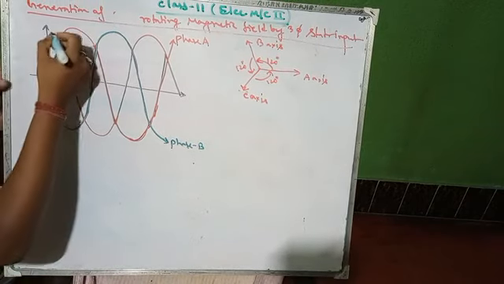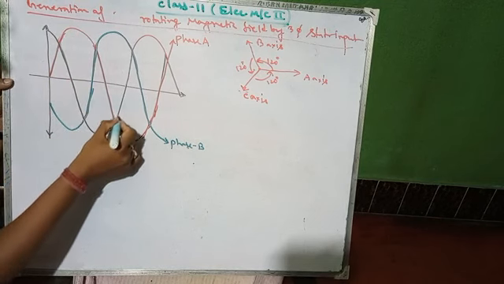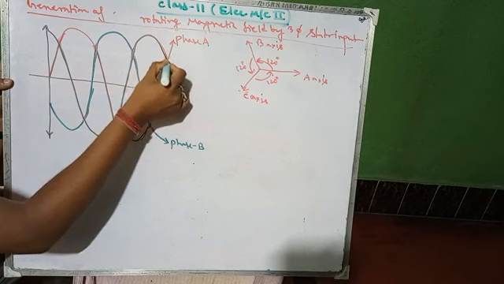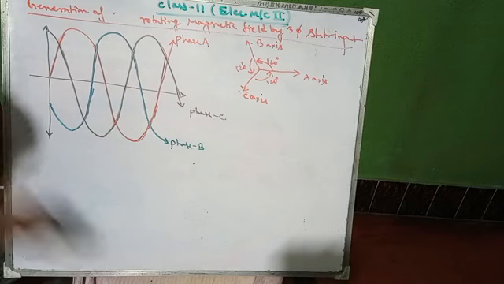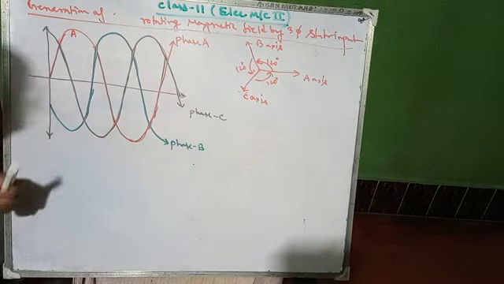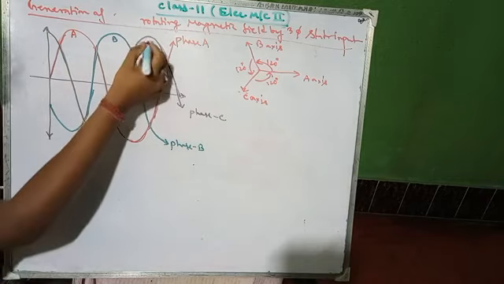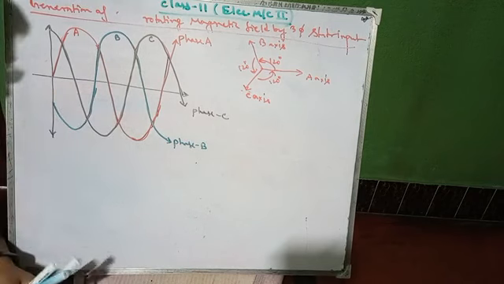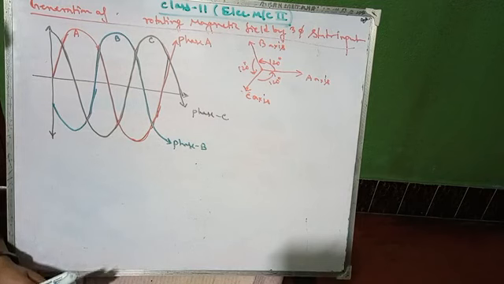And the third phase, phase C. So this is phase A, this is phase B, and this is phase C. Very easy way to draw it, right? This type of technique you have to make yourself.